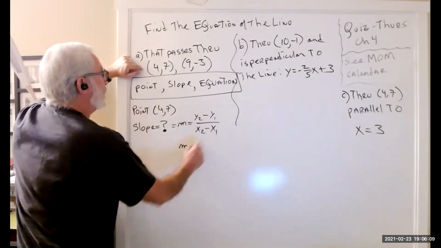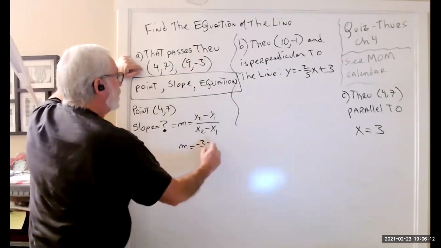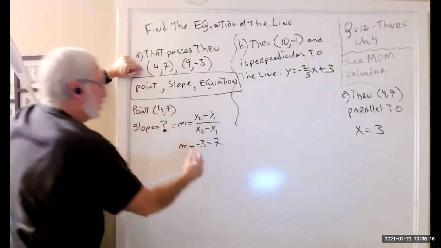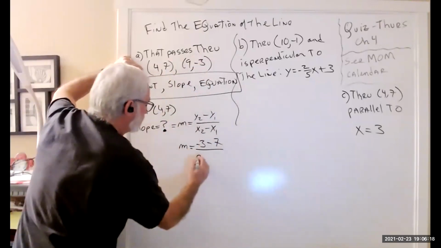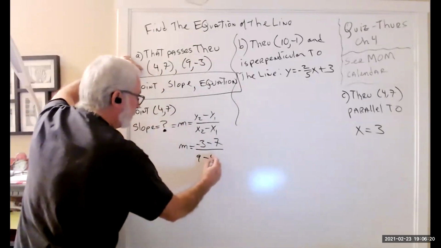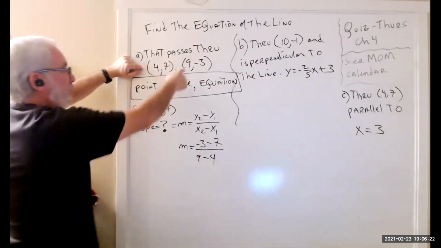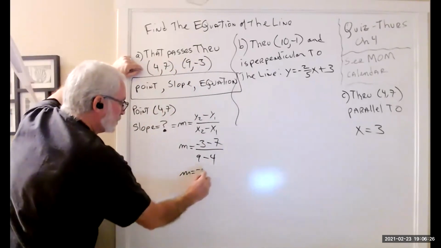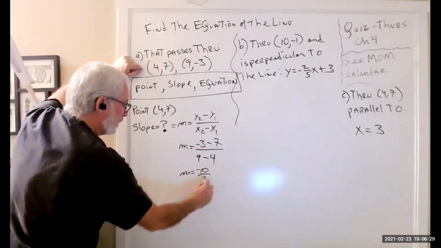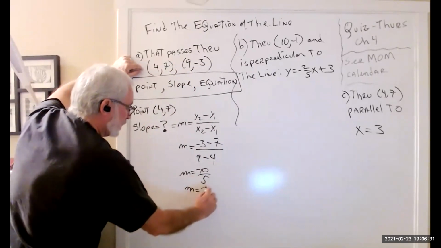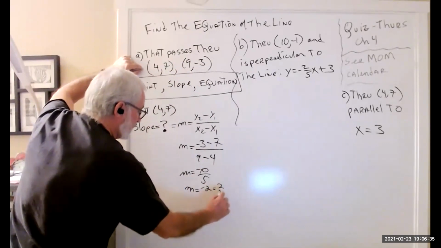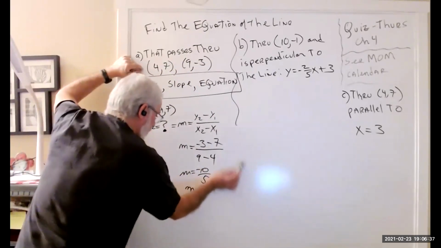So the slope is -3 minus 7, y sub 2 minus y sub 1, over 9 minus 4, x sub 2 minus x sub 1. So we get the slope is -10 over 5. So the slope is -2, or you could say -2 over 1, whichever we need. Okay, I'm going to call it -2 for now.